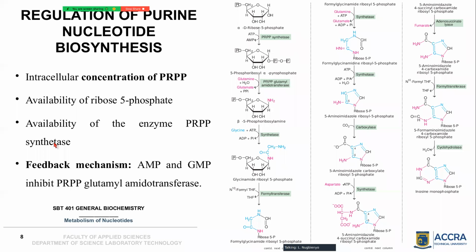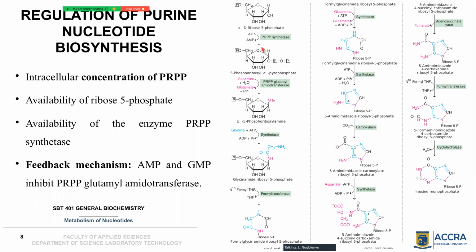Again, I've talked about this, the availability of the enzyme. This enzyme, phosphoribosyl pyrophosphate synthetase. There must be enough of this enzyme. So this will then go to protein synthesis. You remember your protein synthesis, the process of transcription, translation. In that process, the normal process means that there is going to be enough of the enzyme available to catalyze the reaction.